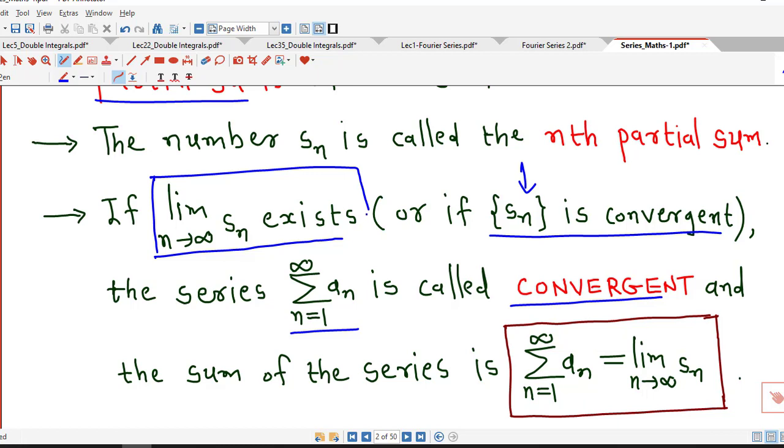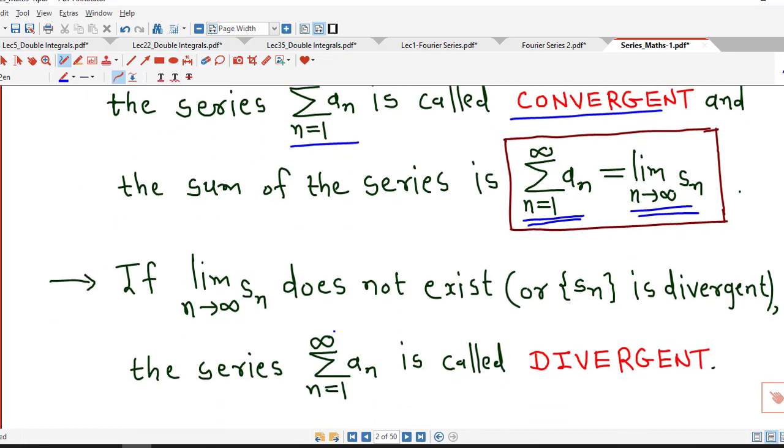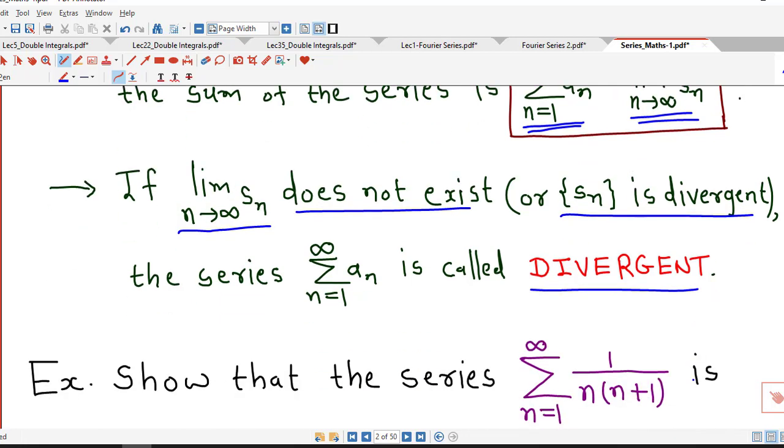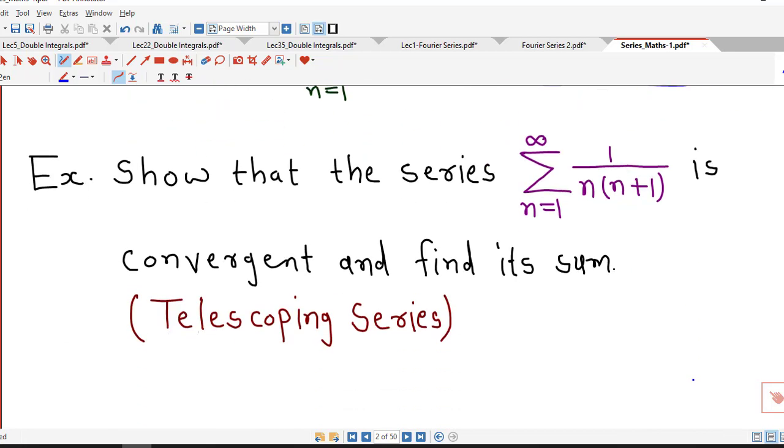In the case where the limit of S_n exists, the sum of this series is nothing but the limit of the nth partial sum. If the limit of S_n does not exist, the series is divergent. So we understand this with the help of an example.